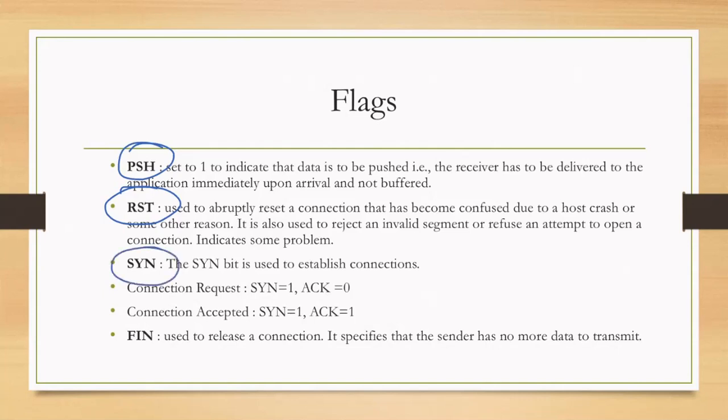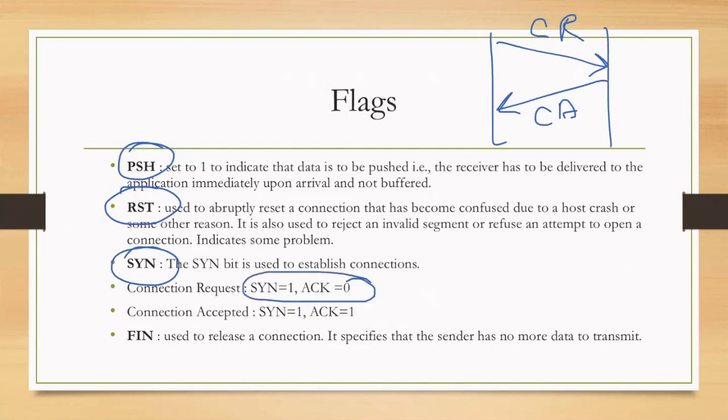Then you have SYN. Now this bit is used mainly for connection establishment. When you establish a connection, you send a connection request, and then the receiver sends a connection accept. So how do you know which is the connection request?